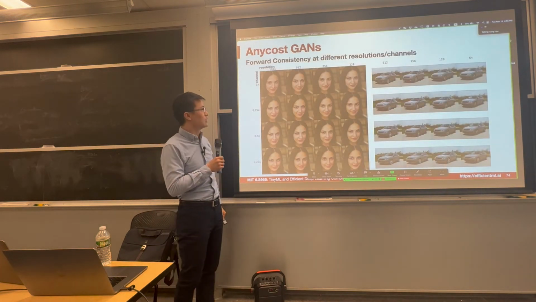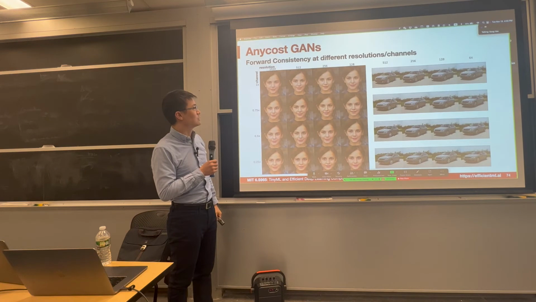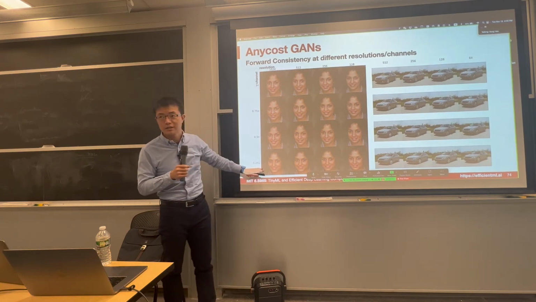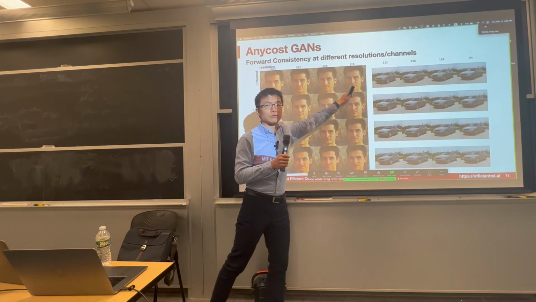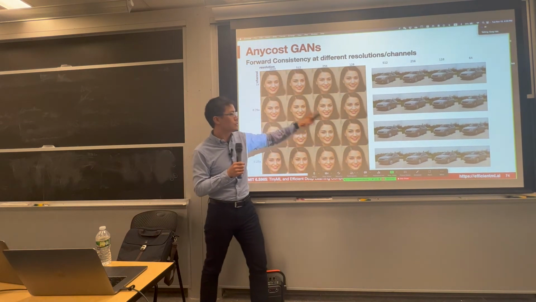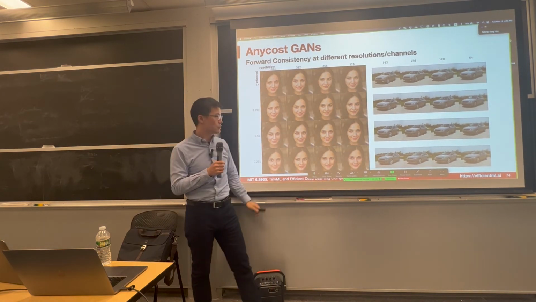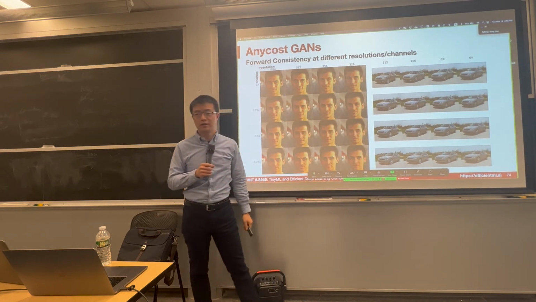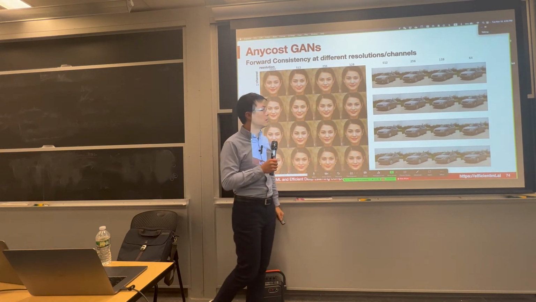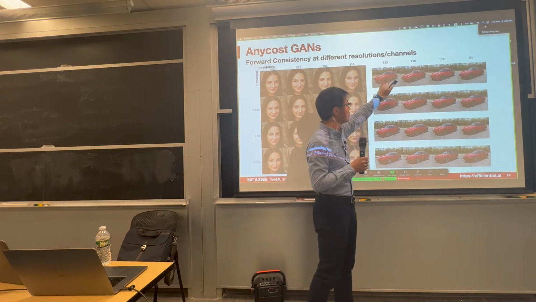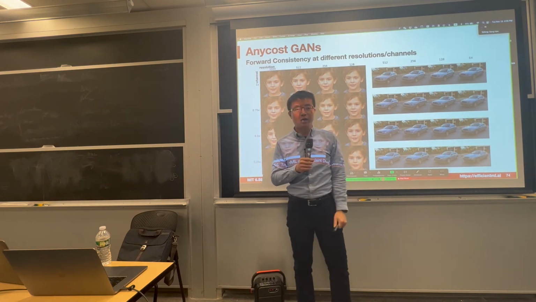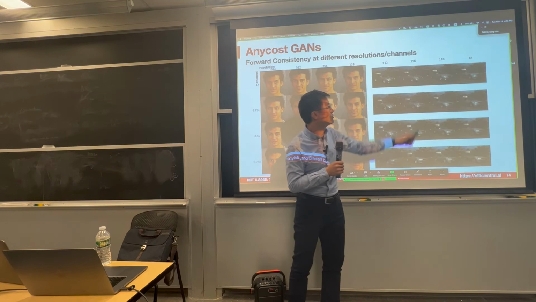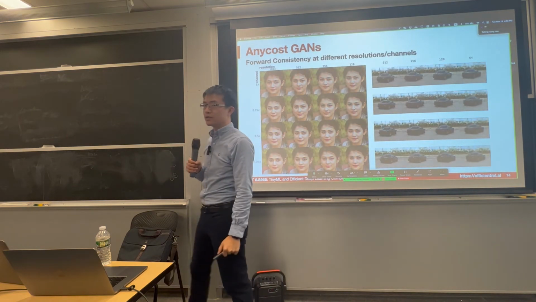This shows the effect of using fewer channels and reduced resolution. We can still generate very photorealistic images using only a quarter of the channels and much lower resolution. Similarly, the generated cars across different channels and resolutions all look very photorealistic.